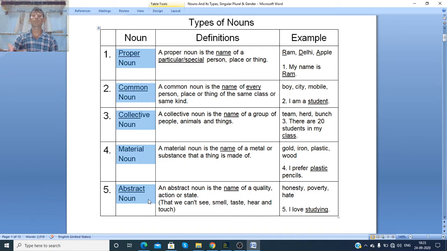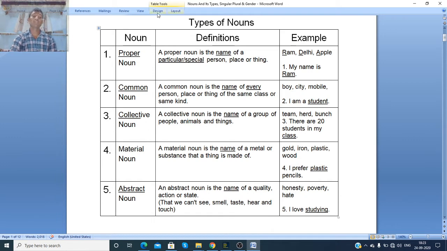Proper noun properly defines a person, place, or thing. Common noun commonly defines a person, place, or thing. Collective noun is the name of a collection of people, animals, and things. Material noun is the name of the metal. Abstract noun: the word abstract means a form that isn't in concrete form, that we can't see, smell, taste, hear, and touch.